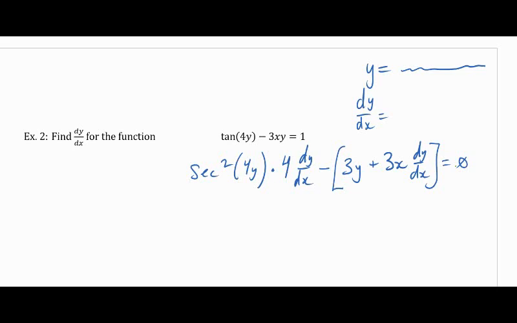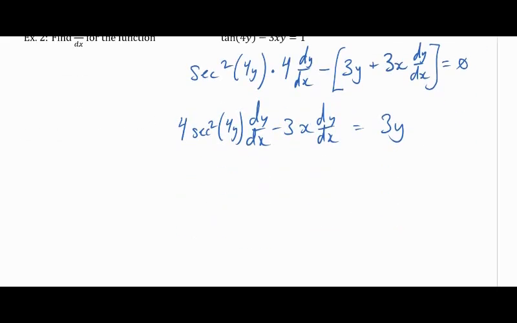That's all. Okay? So I'm going to expand that bracket, and I get 4 secant squared 4y dy by dx minus 3x dy by dx. And I'll move the negative 3y over, equals 3y. Why not?